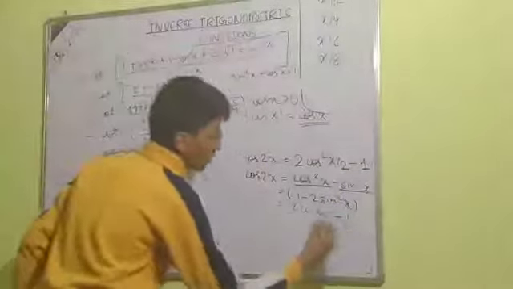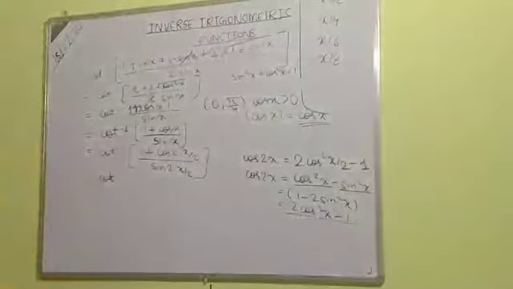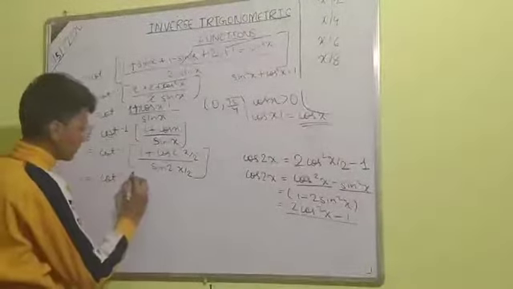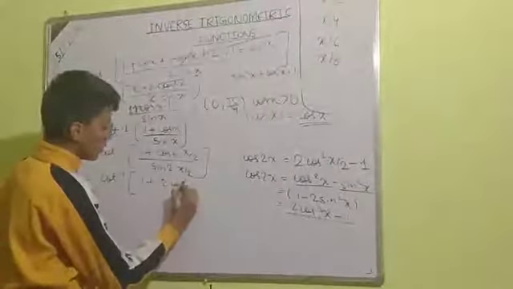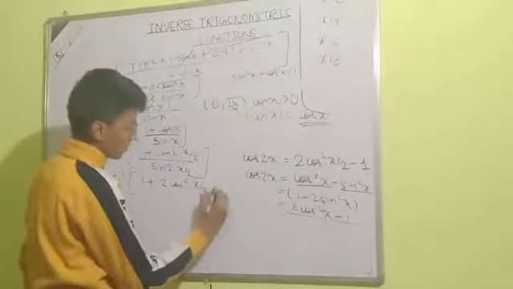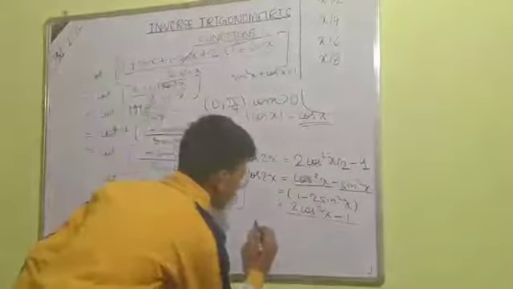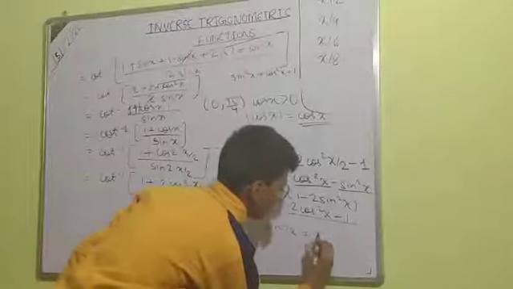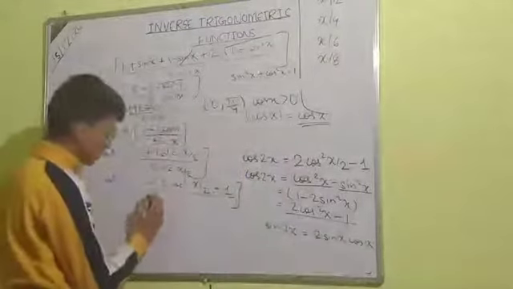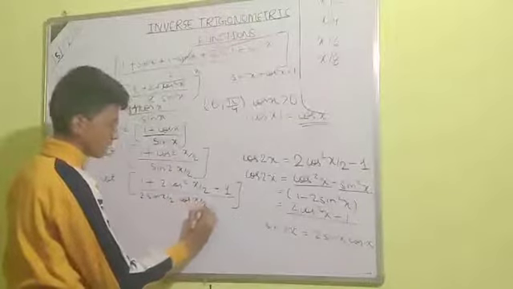So now we are using here 2 cos square x minus 1, so it would be cot inverse 1 plus 2 cos square, here x is x by 2, minus 1, and same here, the formula of sin 2x, that is 2 sin x cos x.